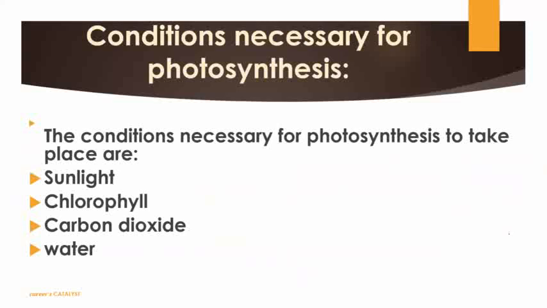Now we will talk about the conditions which are necessary for photosynthesis. The conditions necessary for photosynthesis are: first is sunlight, that is very important for the process of photosynthesis. Second is what? Chlorophyll. Third is carbon dioxide, and fourth is water. As we discussed about the reaction of photosynthesis, we had seen that carbon dioxide and water are the raw materials which will be utilized for the process of photosynthesis.